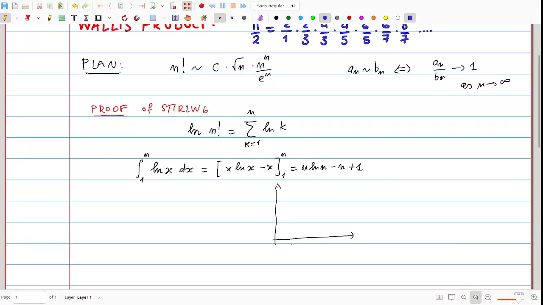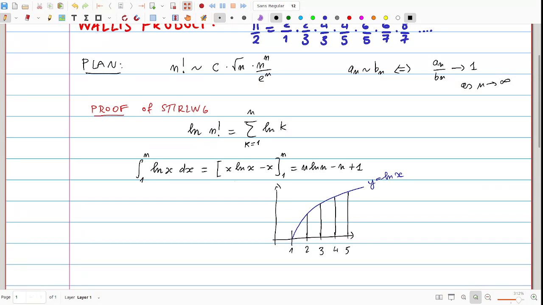We have the logarithm, which is something like that, and the idea is that we can consider the integers here and approximate the area, which is the integral of the logarithm, the area below this curve, with trapezoids.